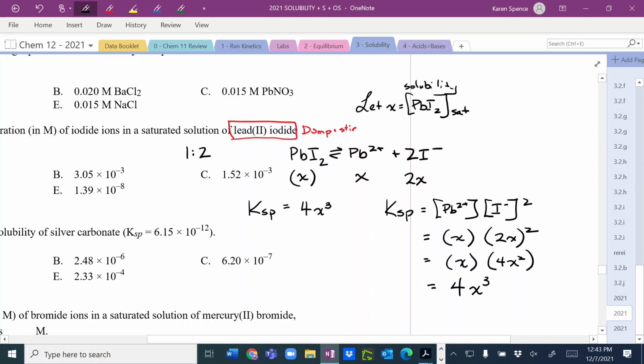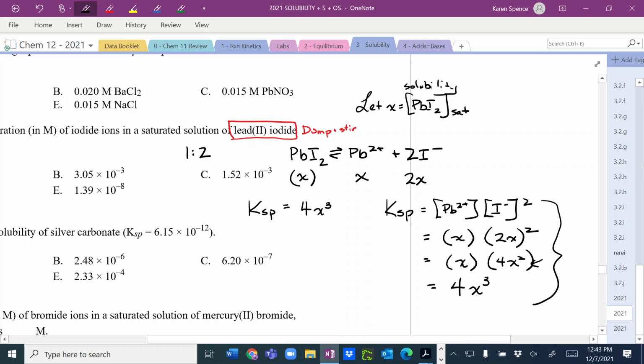If this was a written response question, you would want to show most of this. You want to show the plugging in and getting to 4x cubed. But for multiple choice, if you know this, you don't have to do all that extra work, okay?